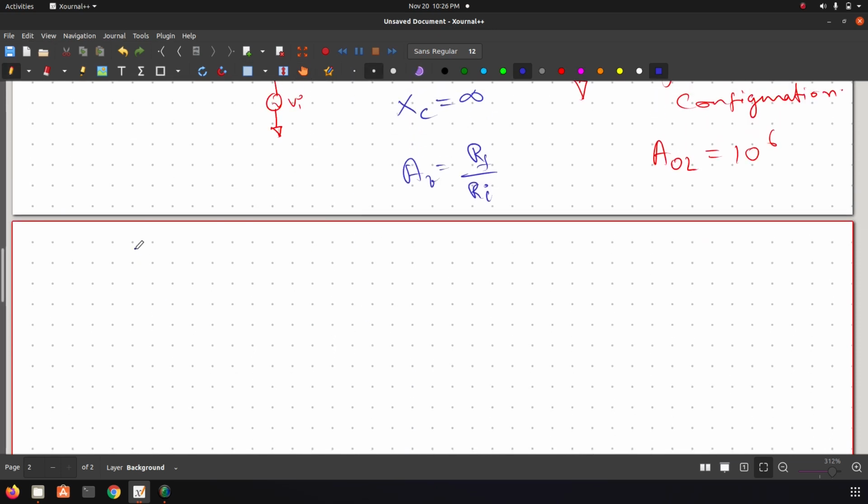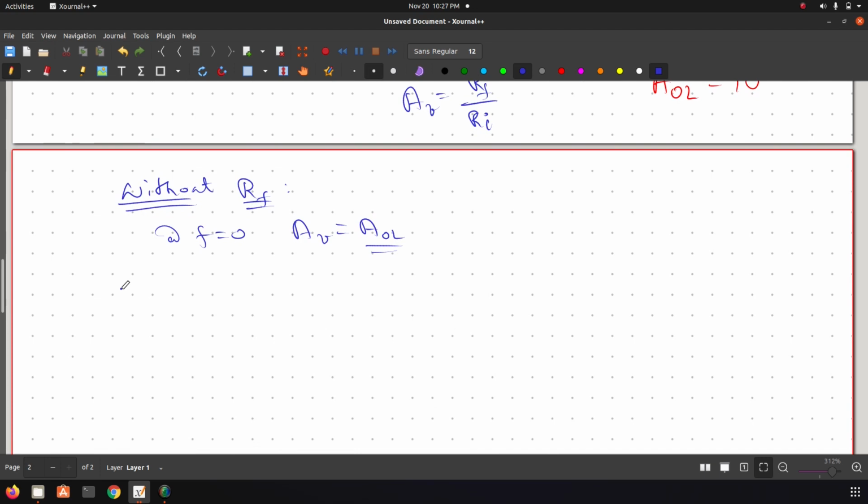Okay, let me consolidate everything here again. So without RF, at low frequency or f equal to 0, the gain of the circuit is the open loop gain.